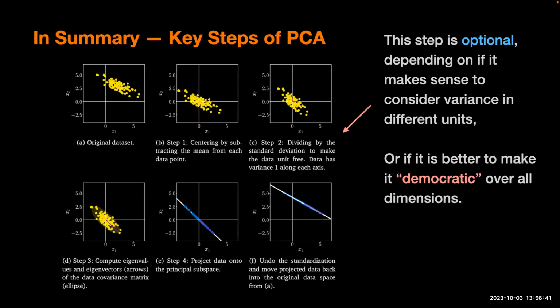Is 1 Kelvin more important than 1 gram, or is 10 Kelvin equal to 1 gram, right? That's your choice. But the easiest way is to just divide by the standard deviation, and then you calculate the data covariance matrix, do the diagonalization, find the directions, and then do the projection, and then call it a day.